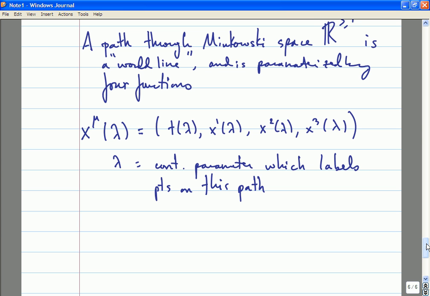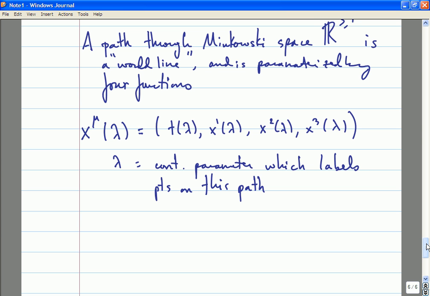One very natural choice would be my proper time as measured by a clock that I carry with me. But that's not the only time that I could use. For example, if you're sitting in Houston tracking my progress, it might be more convenient for you to use a clock which is at rest with respect to you, on Earth, which would be a different parameter that would be used to label this world line.